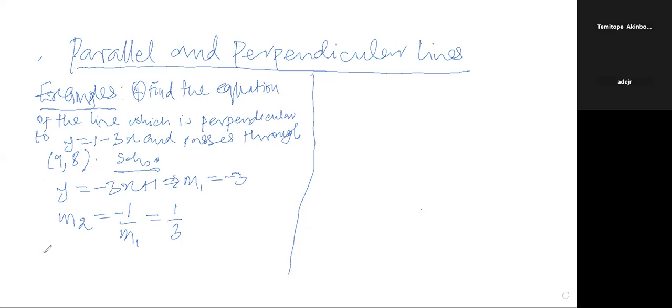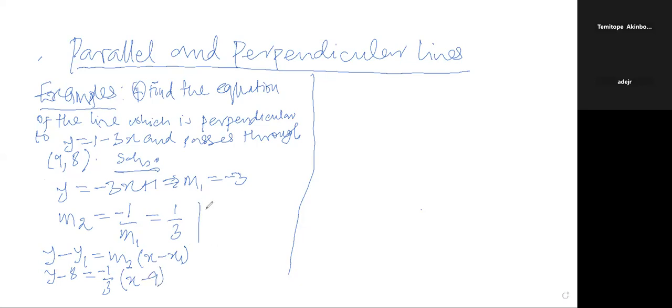So y minus y1 equals m into x minus x1. So the m in this context will now be m2. So the point x1, y1 is the 9,8 given that the line passes through. So you now substitute that in there. So you have y minus 8 equals 1 over 3 into x minus 9.